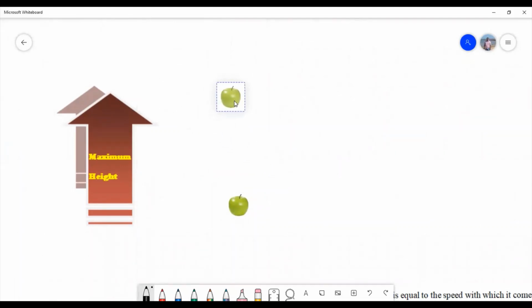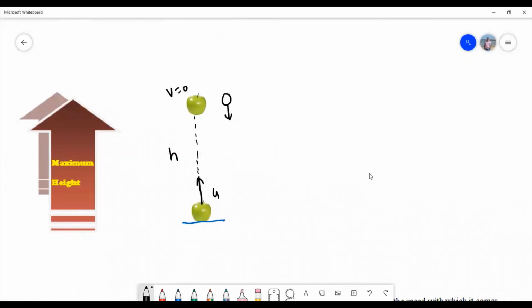When we project this apple from the ground with some initial velocity u, it will go up and reach some height h. By the time it reaches that height, whatever the displacement it covered vertically, its velocity becomes 0, or the velocity direction changes. So this height reached by the body is called maximum height.